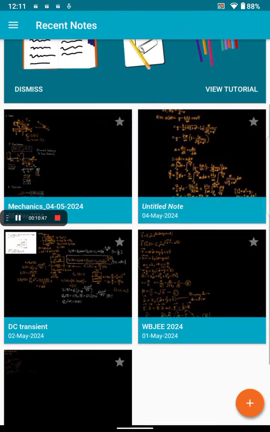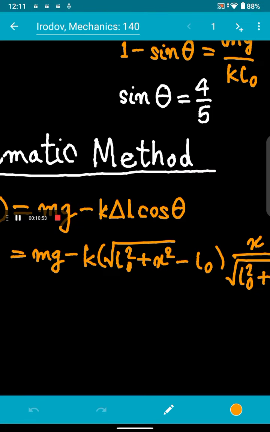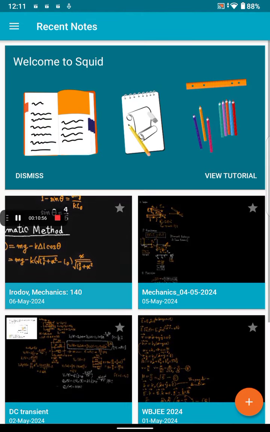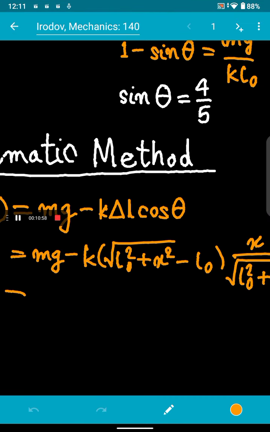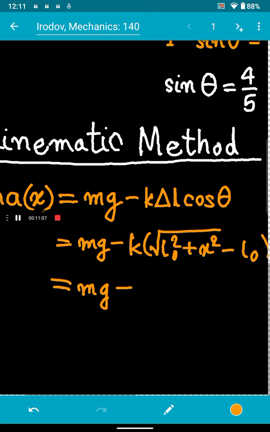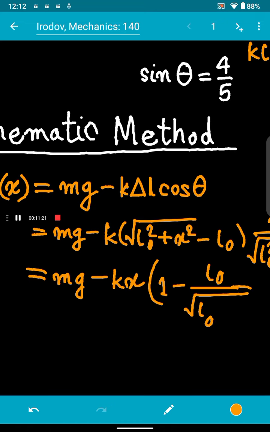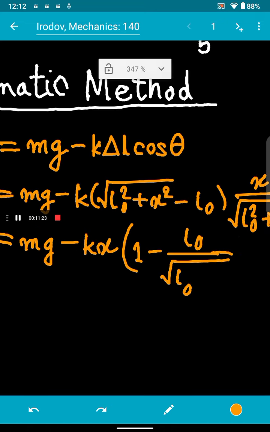So this is mg minus K into x into 1 minus L naught divided by root over L naught square plus x square.